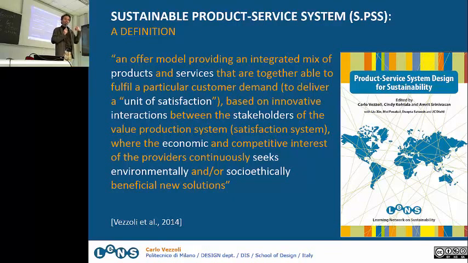But this is a business model made in such a way in which the provider, for economic reason, wants to design products with a low environmental impact, reducing consumption of resources and material, extending the life of the product, intensifying the use, and all the other things that we discussed very briefly in a short lecture on product lifecycle design.